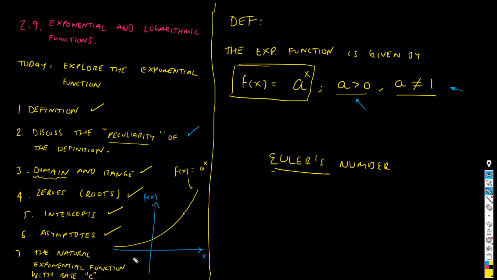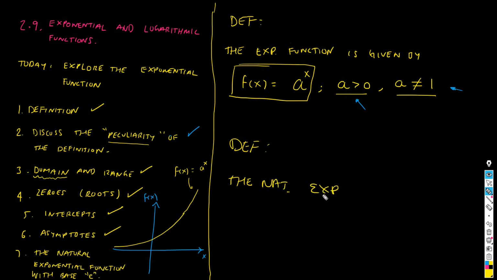Okay, so what is this thing? What is this natural exponential function? Okay, the natural exponential function is this. The definition is pretty much the same as this. The natural exponential function is given by f of x equals the number e raised to the x.